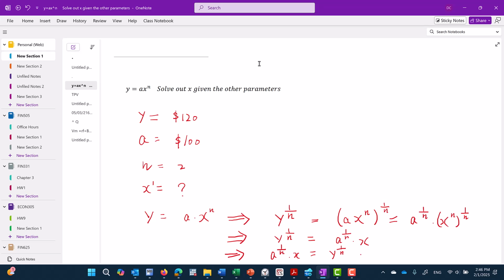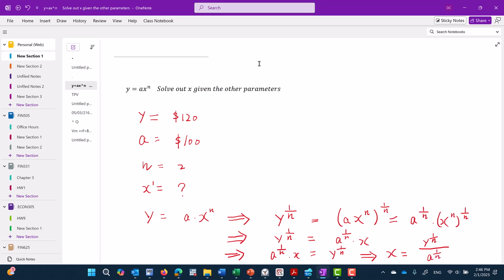So now I can solve for x. x will be equal to y raised to the power of 1 over n divided by a raised to the power of 1 over n.